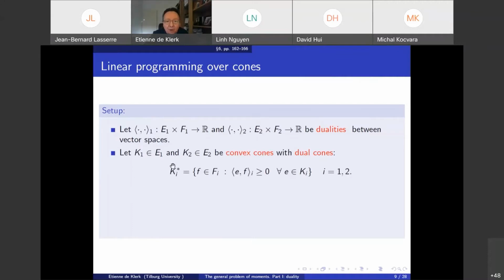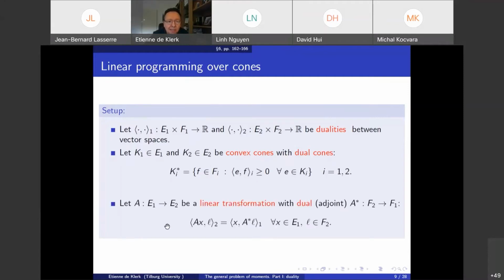So we have convex cone K1 in the vector space E1, convex cone K2 in the vector space E2, and then we define the dual cones of these K1 and K2 as before in terms of the dualities. Then we just have to understand that K1 star will be in the space F1, and K2 star will be in the space F2.